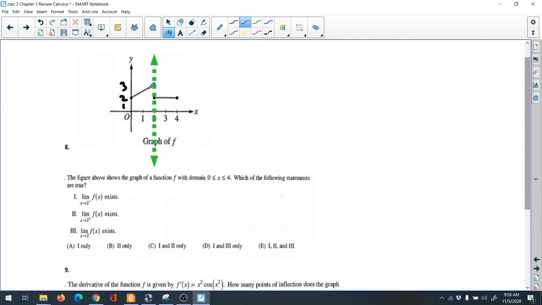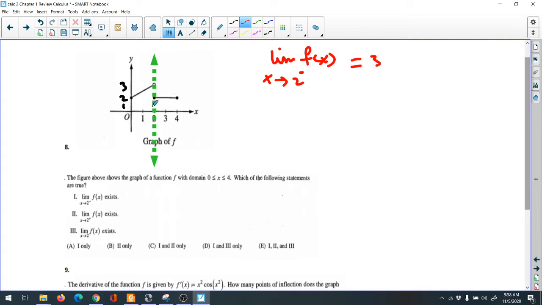So the limit from the left: as you see, when x approaches 2, y is 3. So the limit of the function when x approaches 2 from the left side is 3.